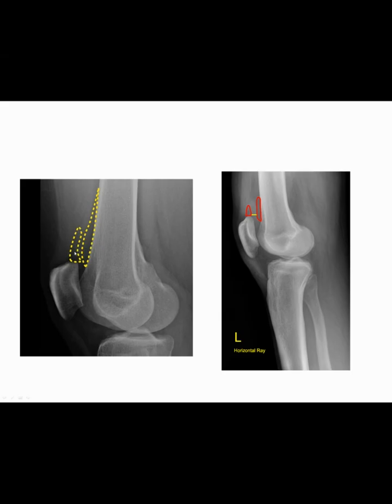Over here we have the anterior suprapatellar fat pad, and here we have the prefemoral fat pad. So when fluid collects with a knee joint effusion, it's going to collect up here and separate these two fat pads, as we can see over here in red.